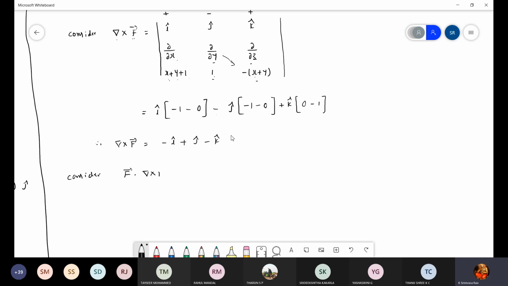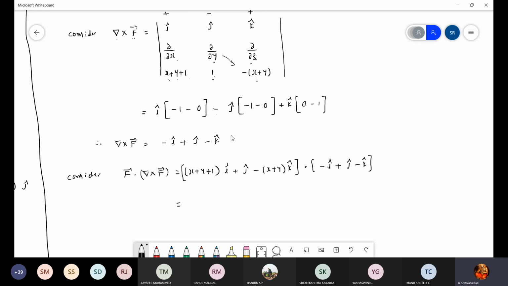You can write in symbolic form or in word form. f is (x plus y plus 1) i cap plus j cap minus (x plus y) k cap. This is the first vector, dot curl f, which we calculated as minus i cap plus j cap minus k cap. Calculate the dot product.